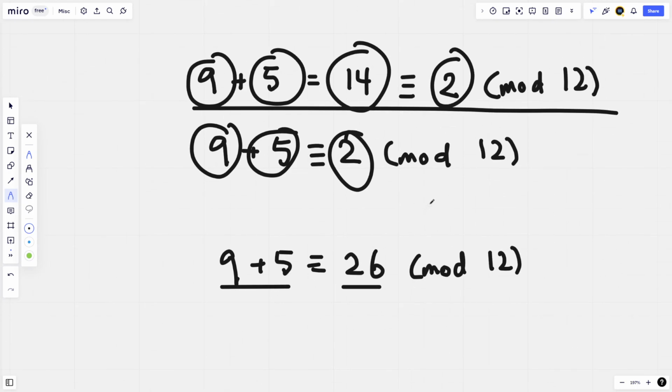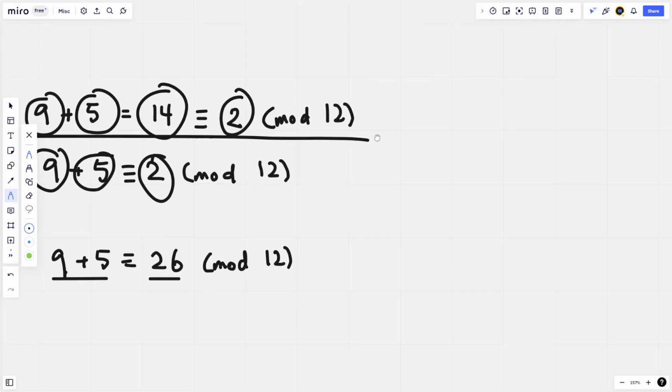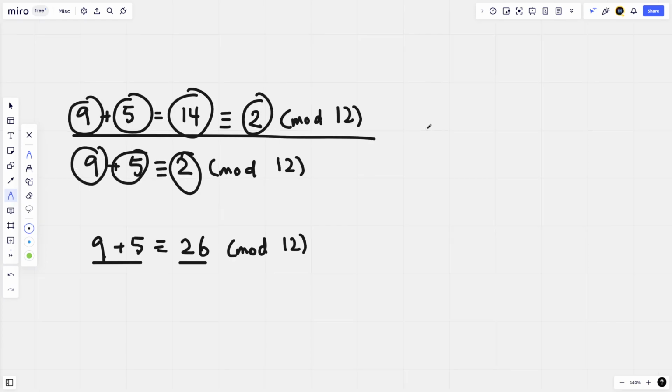How about subtraction? Well, it works basically the same way. And I'll discuss later on a bit more advanced of a discussion about subtraction, because what I'm showing here is a bit simplified or reduced. 14 minus 5 is equivalent to 9 mod 12.